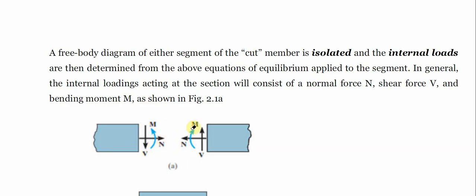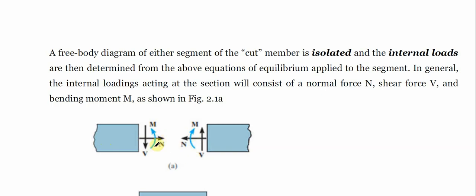Now, on the other end of it, the same thing is applicable. However, the only difference is that if the force is acting in this direction in the first instance, then at the other edge, it will be acting in the negative direction, countering the other force at the other end of the member.